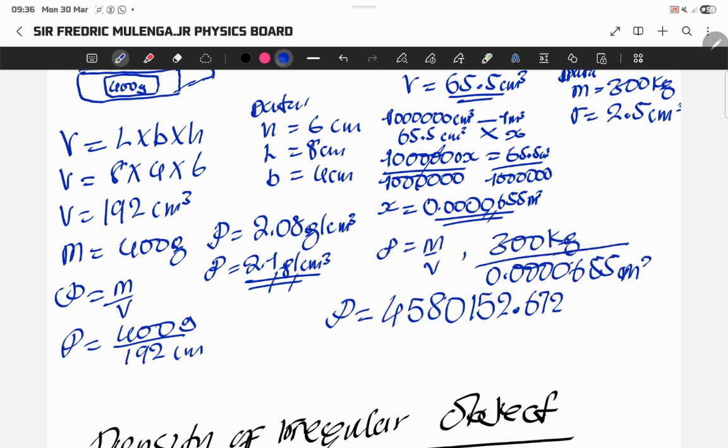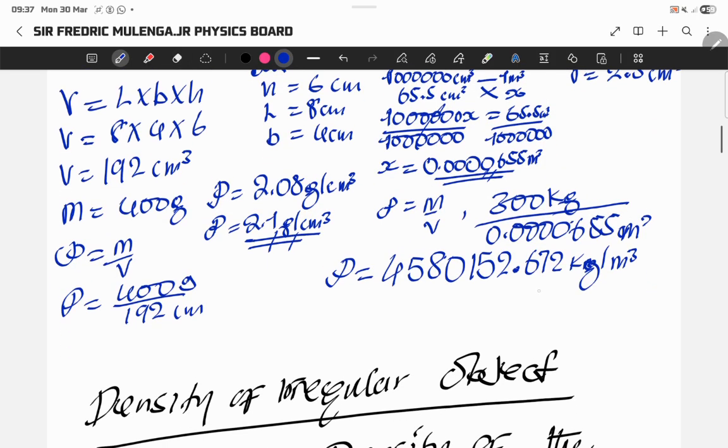Now this number is too big to write, and this answer is also correct, but you can apply scientific notation. The decimal point moves 1 2 3 4 5 6 places.